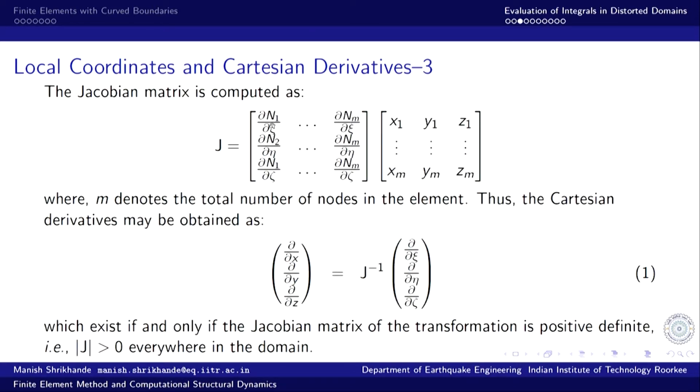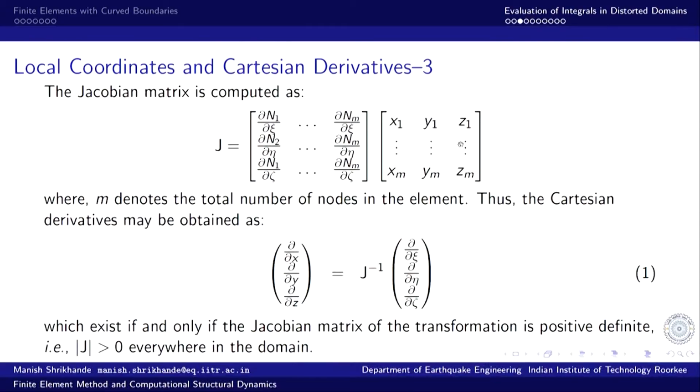So, it would represent del N1 by del xi times x1 plus del N2 by del xi multiplied by x2 plus del N3 over del xi multiplied by x3, and so on up to the mth term. And similarly for each of those different coordinates, with respect to x, y and z, and derivatives with respect to xi, eta and zeta.